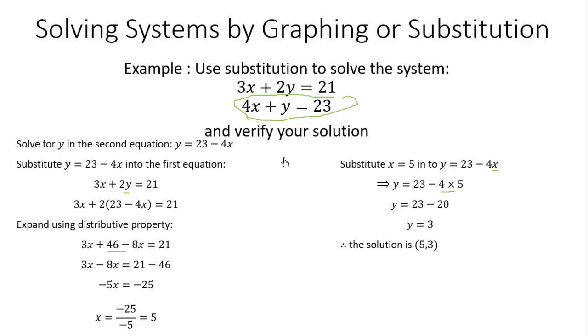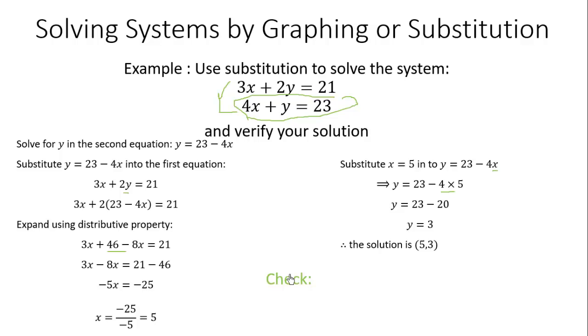Now, we need to verify to see if indeed the ordered pair (5, 3) is the solution to this system. So what do we do? We check.